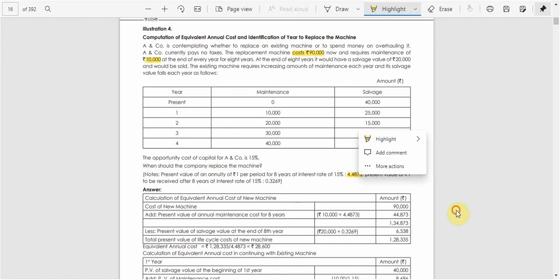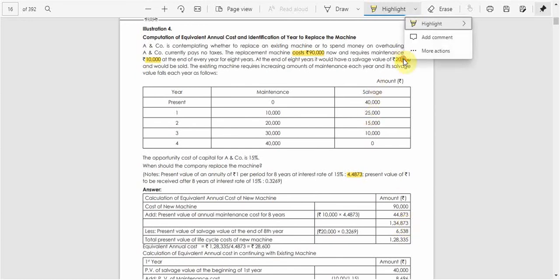So we need to multiply 10,000 with 4.4873, which comes to 44,873. So the total outflow is 1,34,873. And also at the end of the 8th year, they have a salvage value of 20,000.